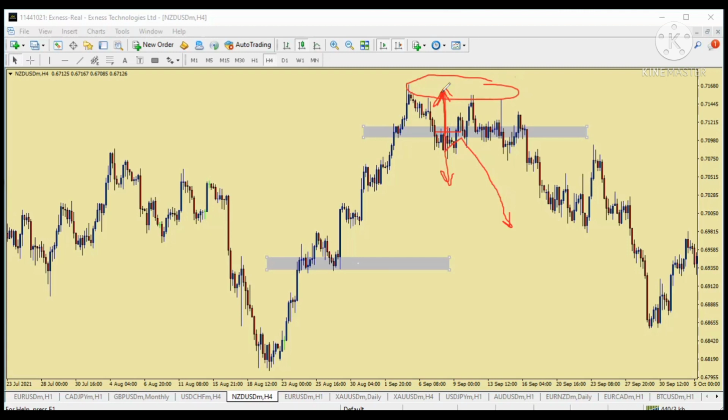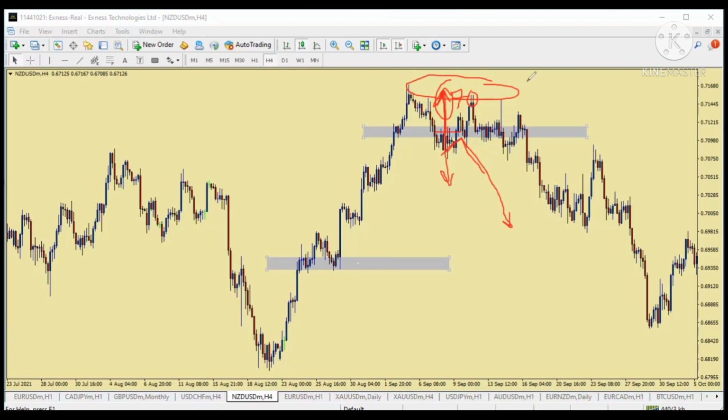You understand me? Meaning they've eaten all that money. Let's say 70% of people are buying and 70% of the money is being bought, and only 30% of the money is being sold. It therefore means he'll pull the price down, because there is more money there. They will get more money there. You get that?